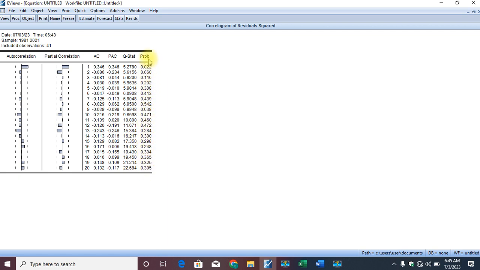Given the fact that these values are not significant, we conclude that there is no evidence of autocorrelation in the residual, and basically we are somehow happier now.